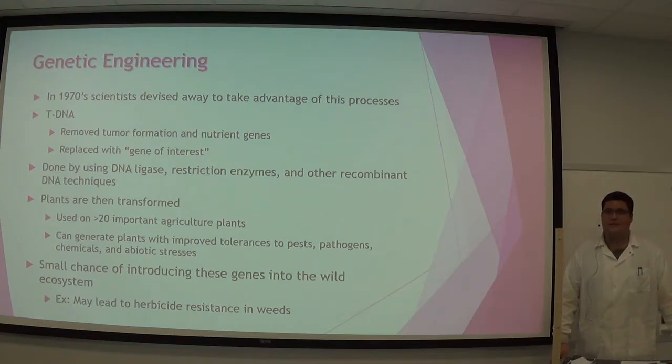Roundup is an herbicide, meaning anything that is not resistant to this chemical will die. And it was used pretty effectively to treat weeds growing around crops, because you could spray this herbicide on everything, and only whatever was resistant would survive.